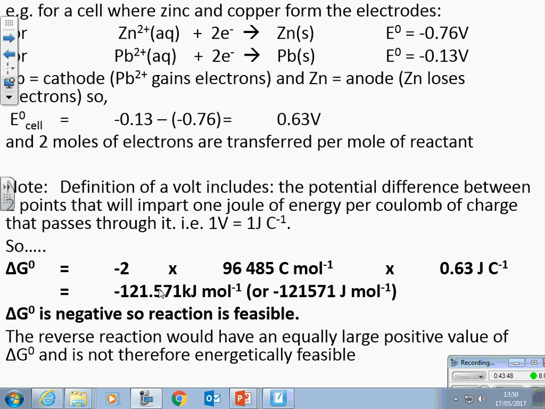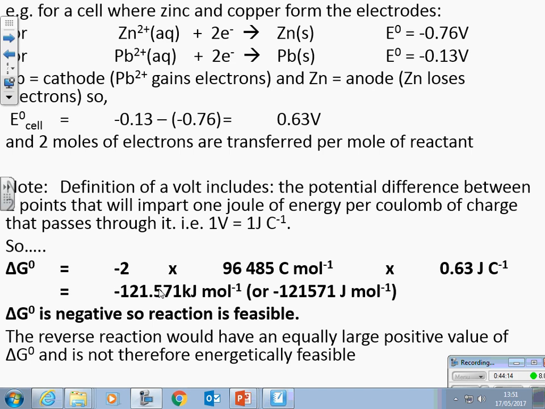If you try to make it go the other way, because remember we are talking about equilibria, but we've already worked through this idea that the equilibrium for the zinc would be further to the left than the equilibrium for the lead and all that. But we can now prove it really in terms of Gibbs free energy, because if you tried to reverse it, of course, you would have the same sized Gibbs free energy change.